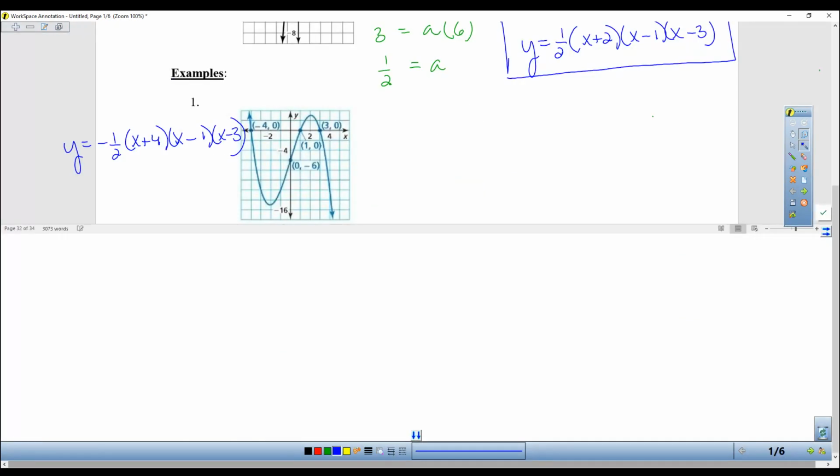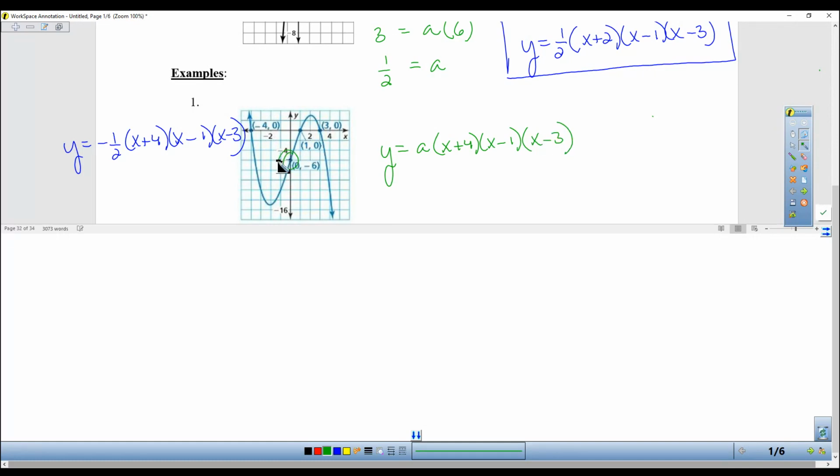So on this one, again, they've given us the zeros, and I use that to write my original equation. But I don't know how steep or shallow it's going to be. So x plus 4, x minus 1, and x minus 3.